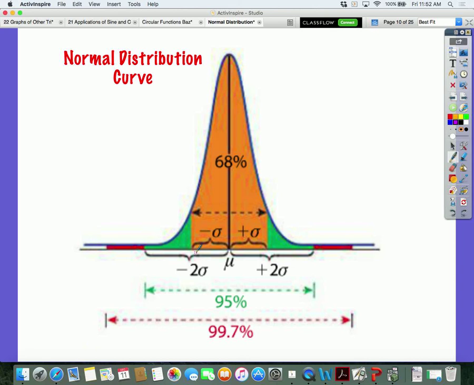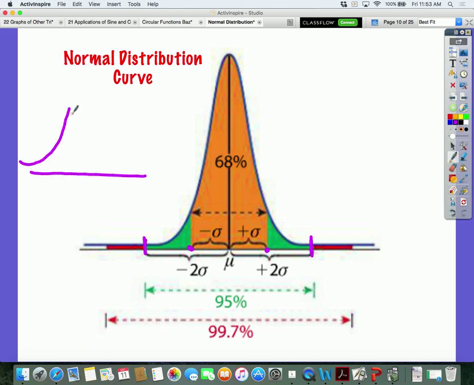From whatever that value is to the other value, that makes up about 68% of your probability. So out of the whole 1, whatever those 2 numbers are within one standard deviation is 68%. What you see with the orange plus the green, so from here to here, that makes up 95%, and that's 2 standard deviations away.